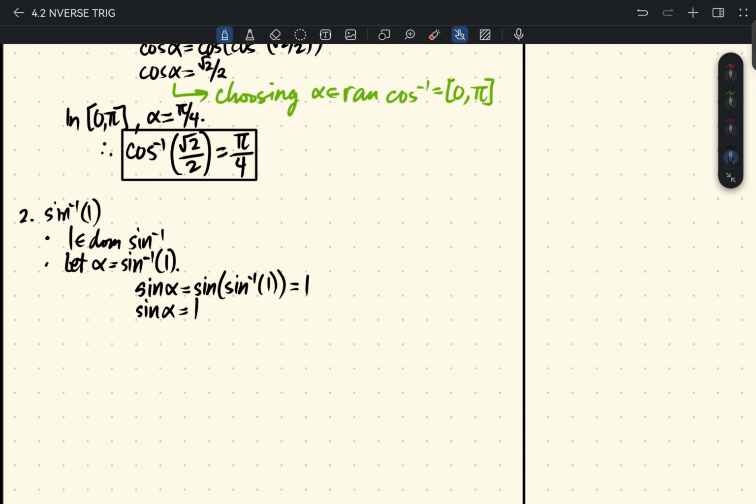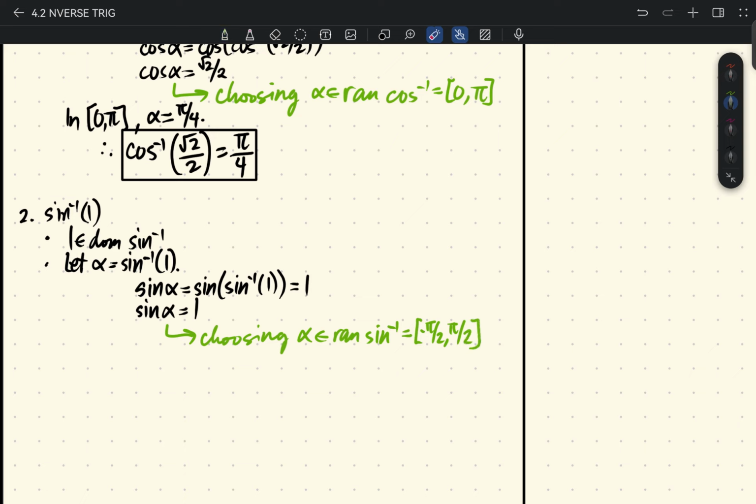And to find the alpha value, we are choosing alpha to be inside the range of sine inverse. And what's the range of sine inverse? The range of sine inverse is negative pi over 2 to pi over 2.